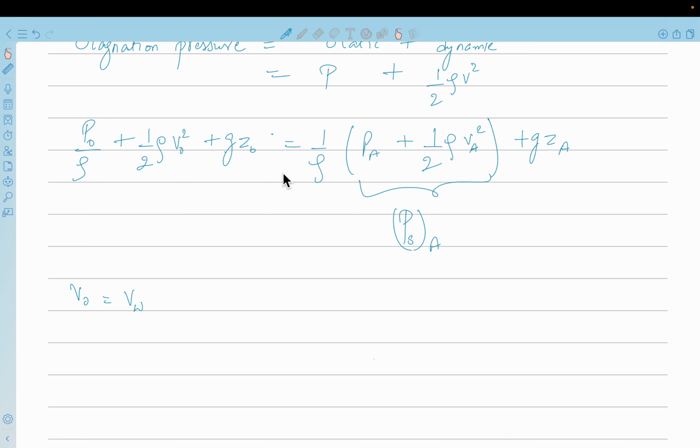Is this clear? Yeah, okay. If there is any question about why we change the frame of reference and anything related to this change in frame of reference, just ask me. Okay, and of course Z0 and ZA, they are at the same heights, right?